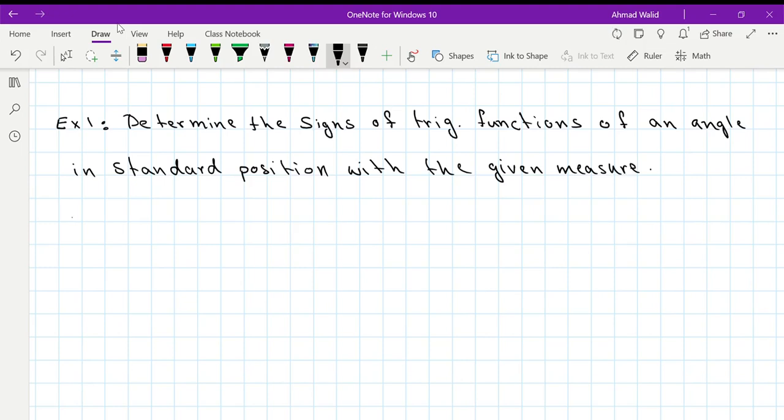A, they give you 87 degrees. They give you an angle, let's name it theta, that's 87 degrees.